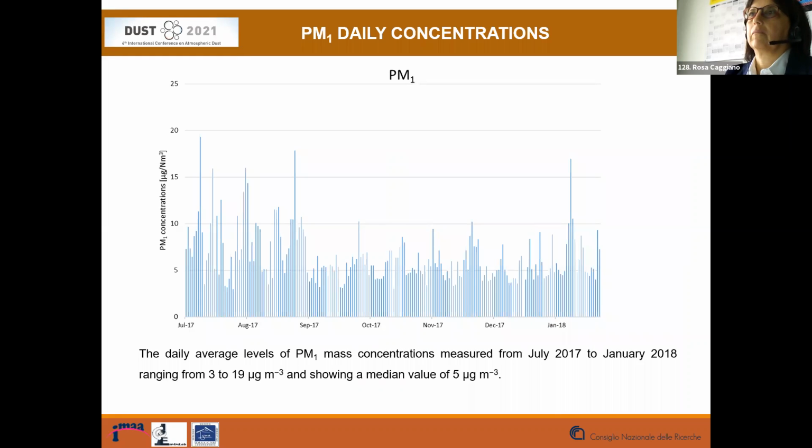As shown in the slide, the daily average level of PM1 mass concentration ranged from 3 to 19, with a mean value of 5. Such values are generally comparable with those found in other industrial areas.